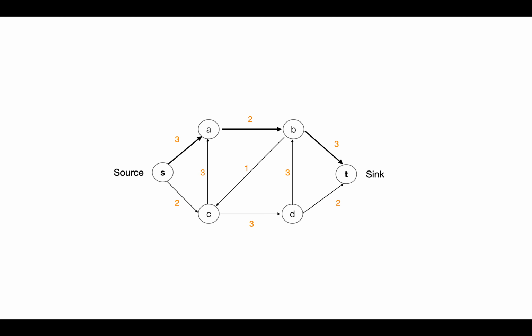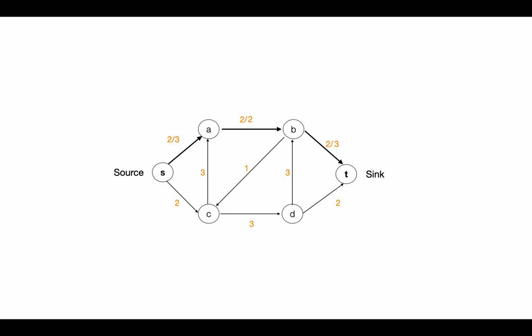So we cannot transfer more than that through this path. So this was the first path that we selected. If we are selecting this path, that means we are passing 2 units of water through this path towards the sink T. So now we're gonna write this flow across the respective edge along with the capacity.